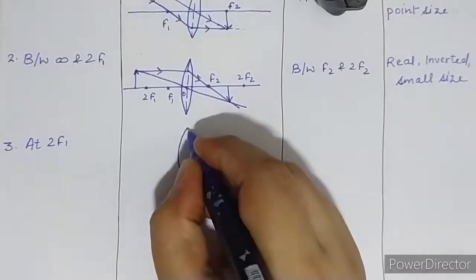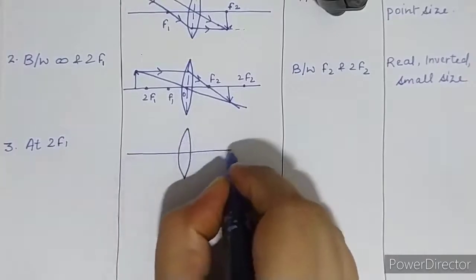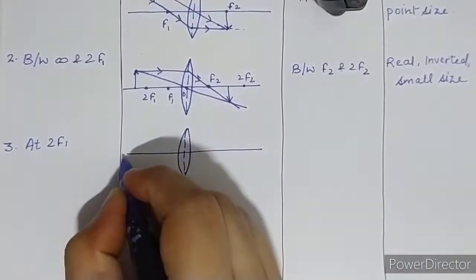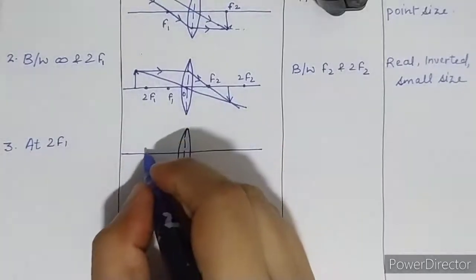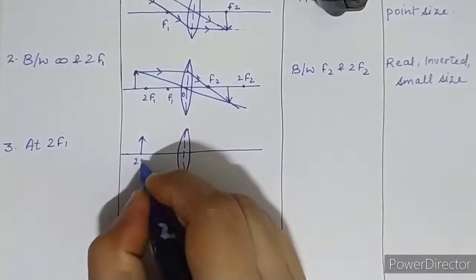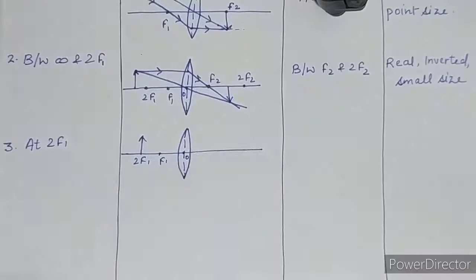this is your convex lens, principal axis, that partition. When the object is at 2f1, this one is your f1, this one is the optical center.